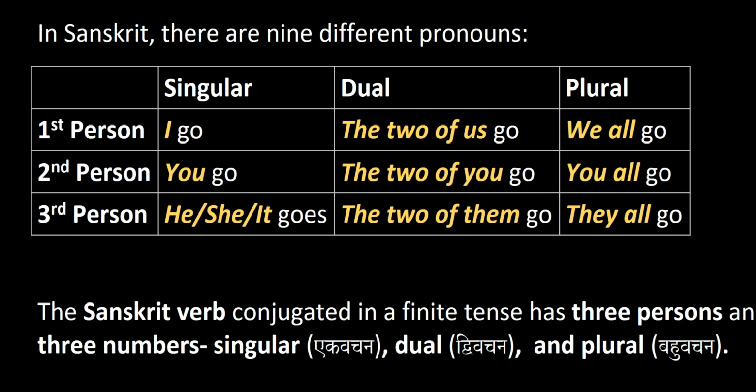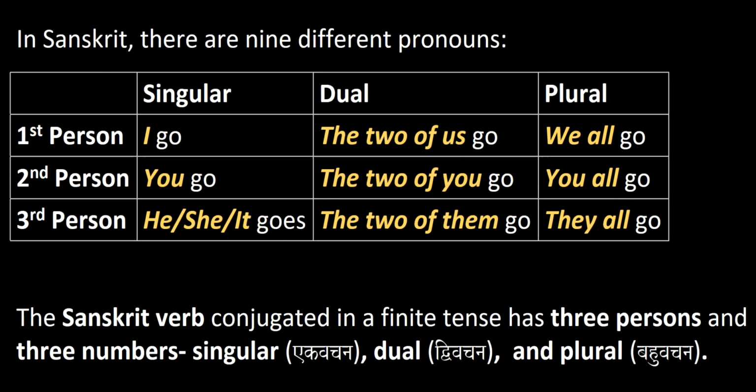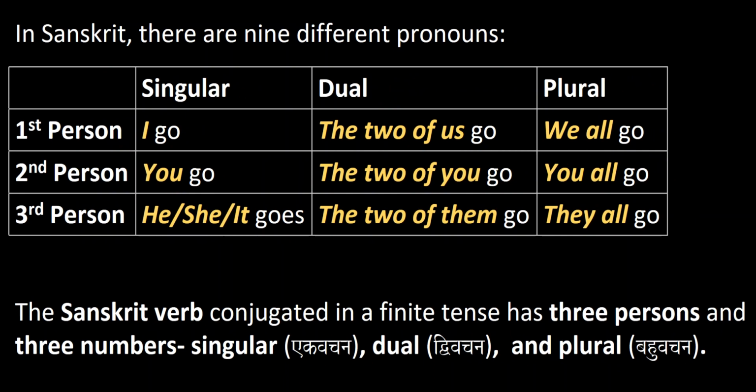Okay? So again, the Sanskrit verb conjugated in a finite tense has 3 persons and 3 numbers: singular, dual, and plural. In the brackets there, I have the Sanskrit name for singular, dual, and plural. Let me just pronounce that for you. It's not necessary, but I just figured I should provide those names to you.